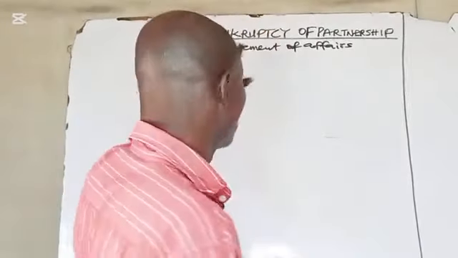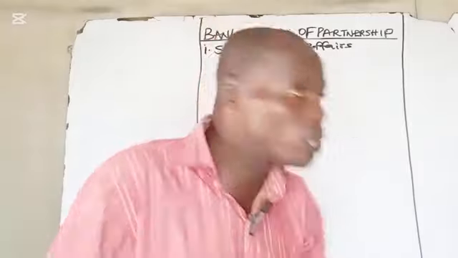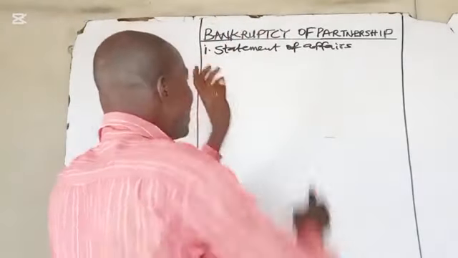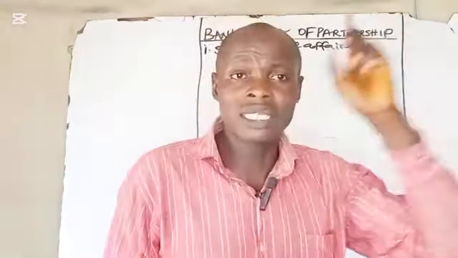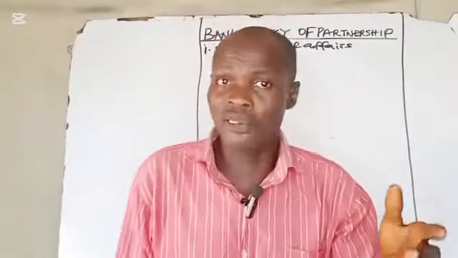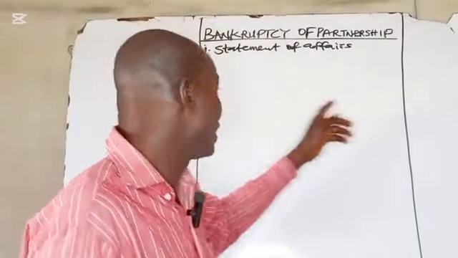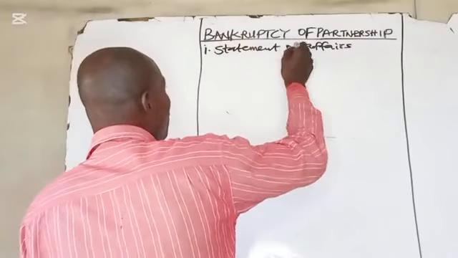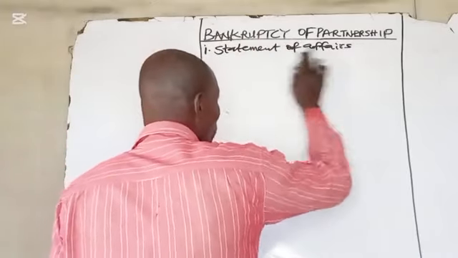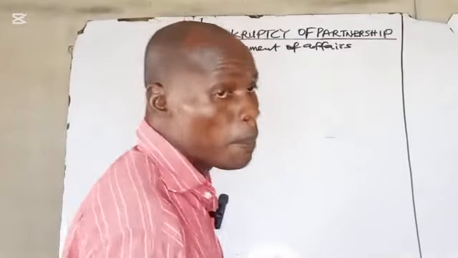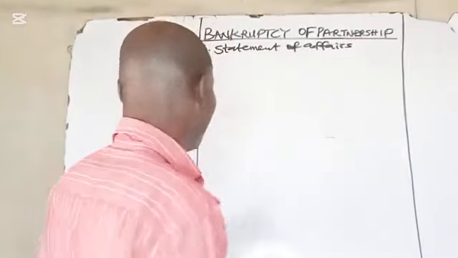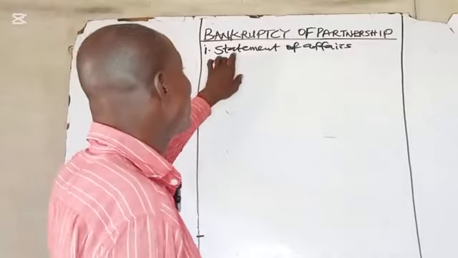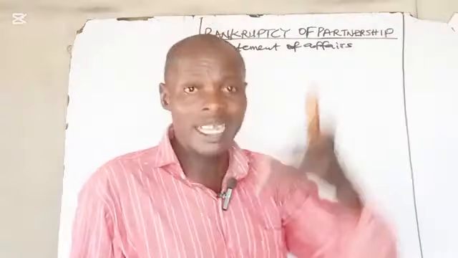I want you to note that the major difference between the statement of affairs and the statement of financial position prepared for a continuing business is that a break-up basis is used for the statement of affairs. We normally use a break-up, liquidation basis. That is why we use the realizable value of the assets.